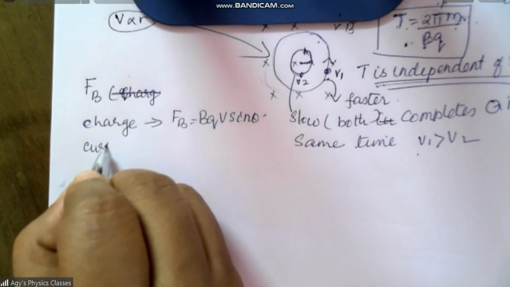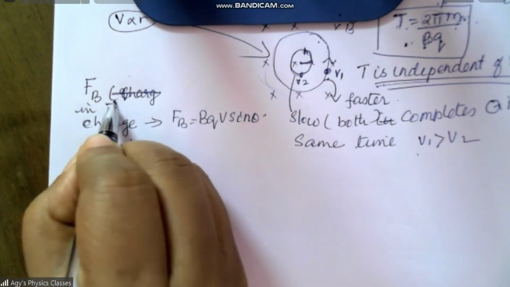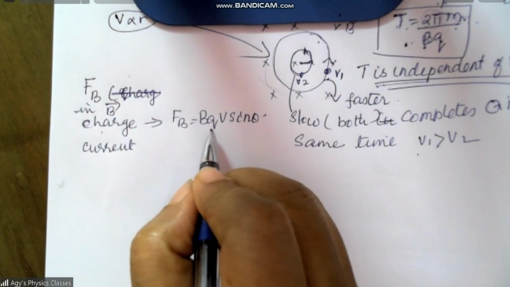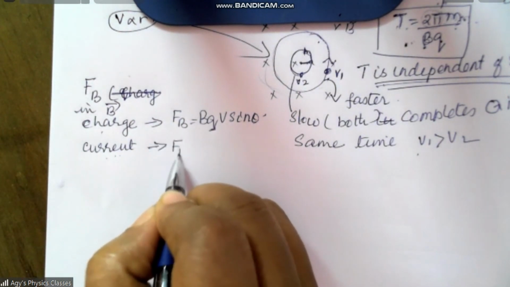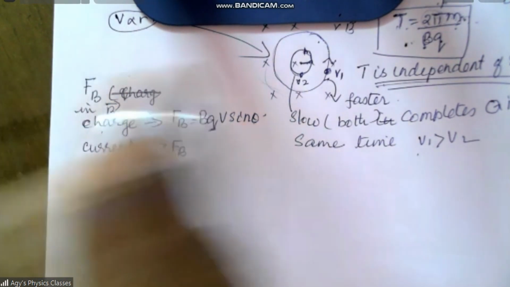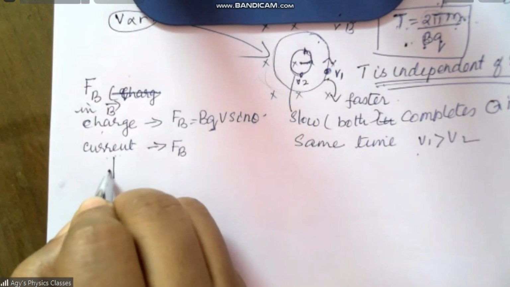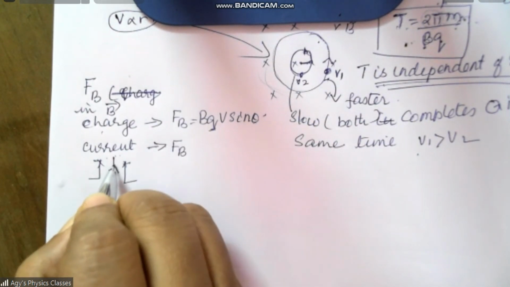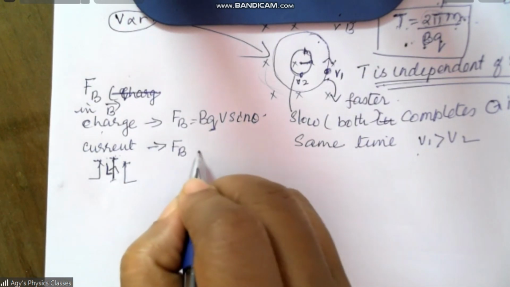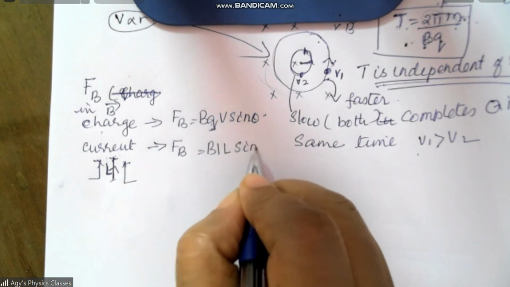When current is in a magnetic field, the force on the current carrying wire, that means you have a wire which has current in a magnetic field. Assume that this is the magnetic field. This length of the wire is important. This length: B I L sine theta instead of Q.